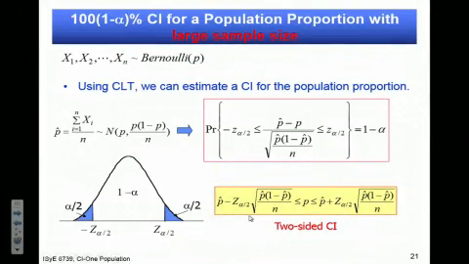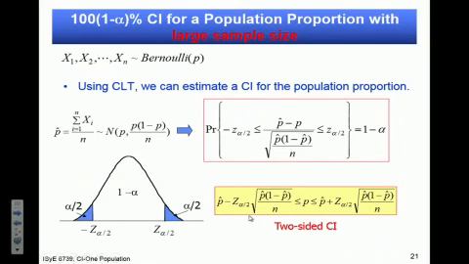So the last type of confidence interval for one population is the Bernoulli population. For a Bernoulli population, we have one parameter. And the parameter is basically P, which is the percentage of success, and it depends on how you define success.